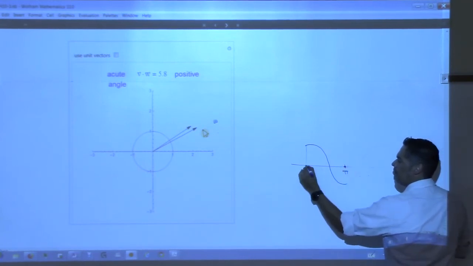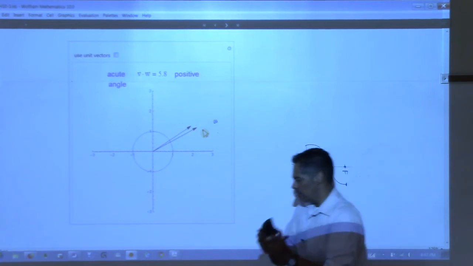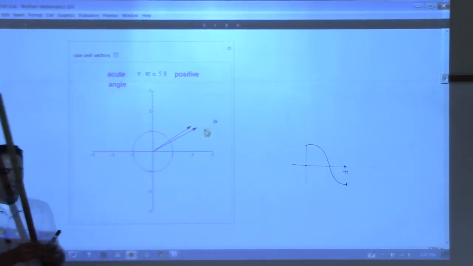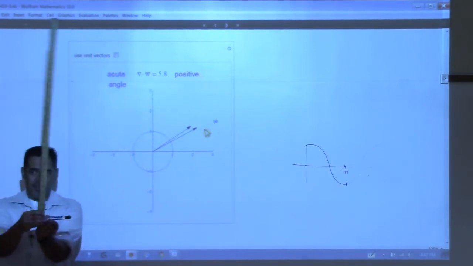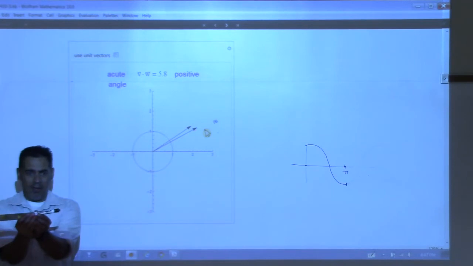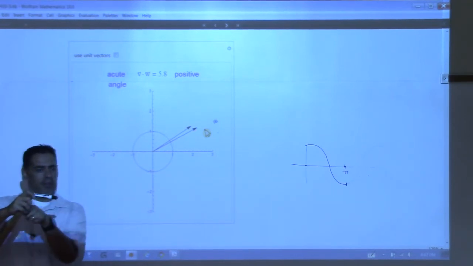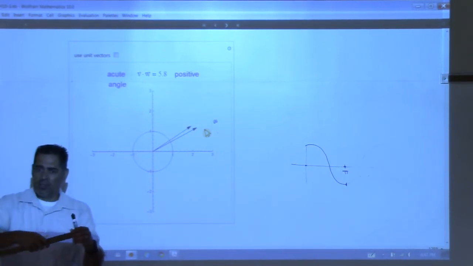Why would we stop at pi? The angle between two vectors, if I give you two vectors, the smallest it could be is 0, and the biggest it could be would be pi. If I go around, then the angle between them is this angle, and that's still smaller than pi. So we're going just between 0 and pi.